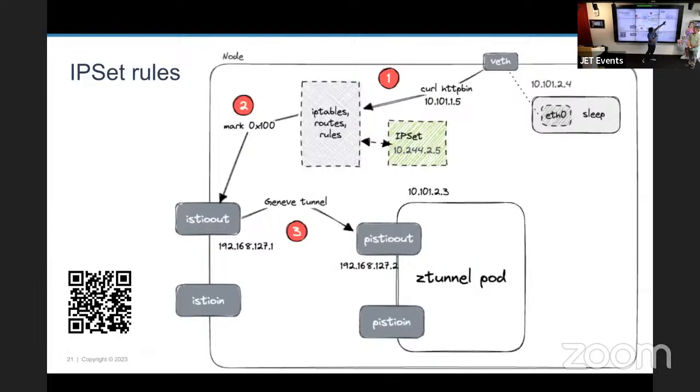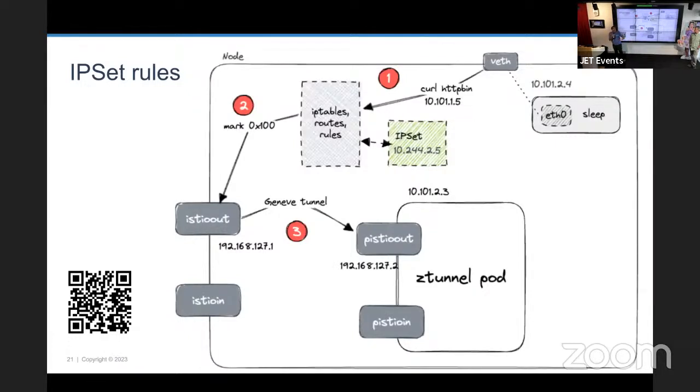So when a pod wants to make a connection, of course, it looks up the IP address of the server it wants to reach, in this case, httpbin. Then through the virtual address pairs, the kernel looks up the destination IP. And if it's part of the mesh, it sends it to the Istio out and then inside the Ztunnel pod.